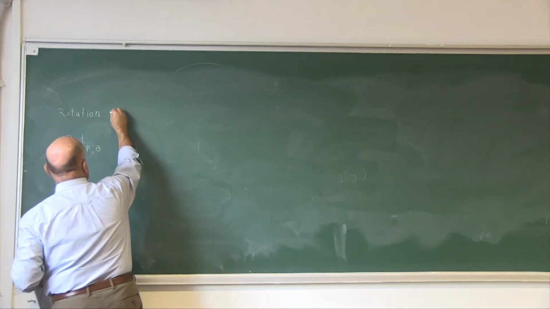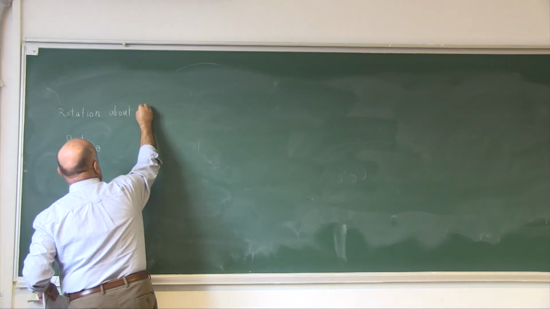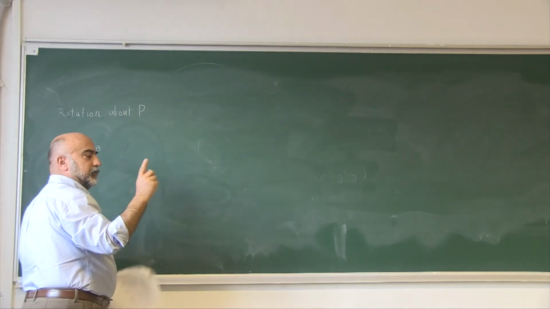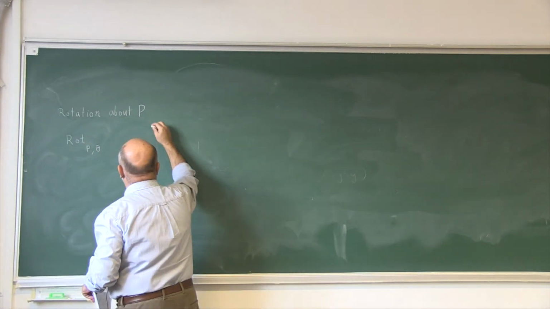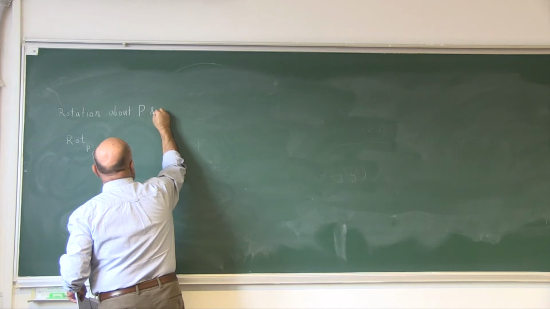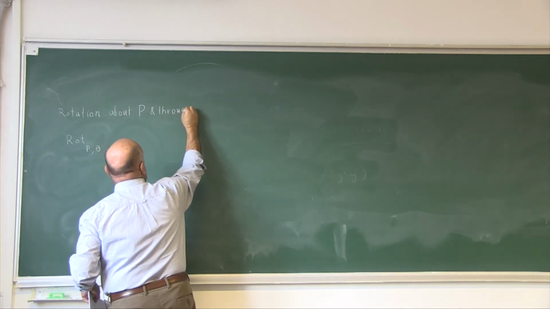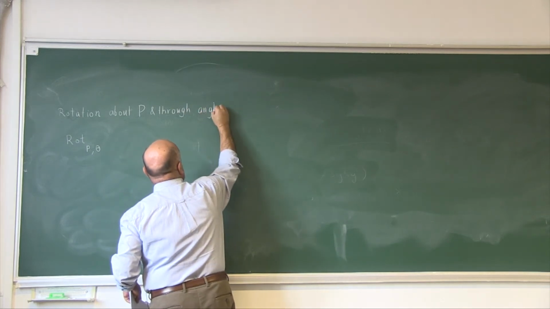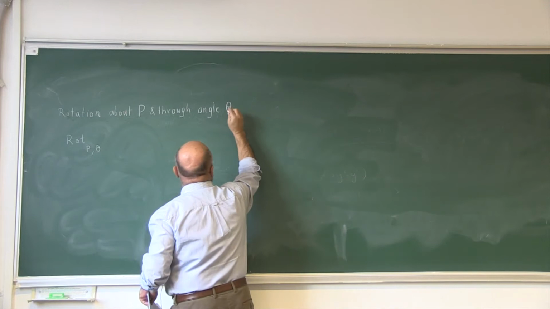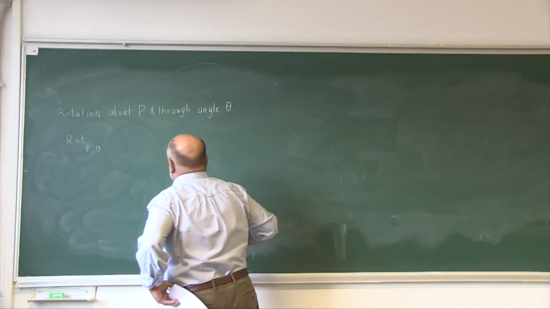So rotation about a point, you say P. So this is the center which the rotation fixes, and about P, you say through the angle theta. Okay, so theta is a real number modulo 2 pi.